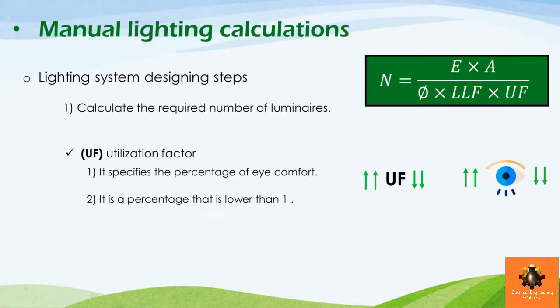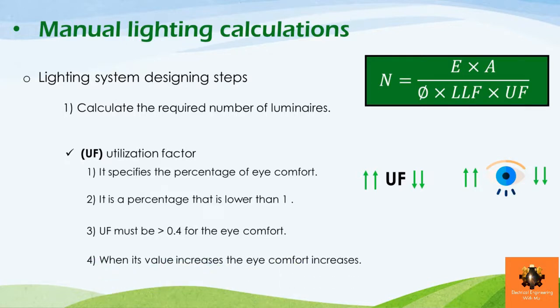And for that reason, the utilization factor must be higher than 0.4 to have good visual comfort. If its value is less than 0.4, this means that there is no visual comfort in the lighting system, so we make our design to have a utilization factor higher than 0.4. And also, as we said, when this ratio increases, the visual comfort increases.